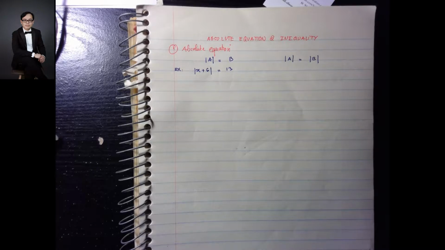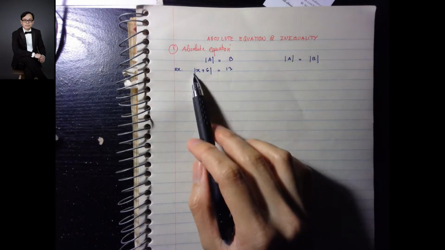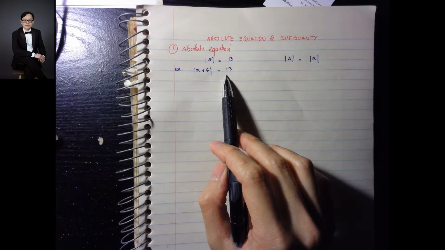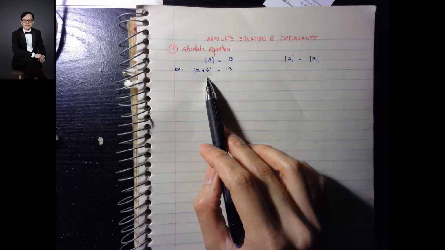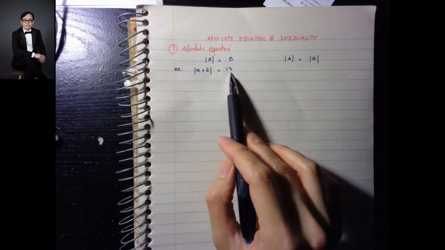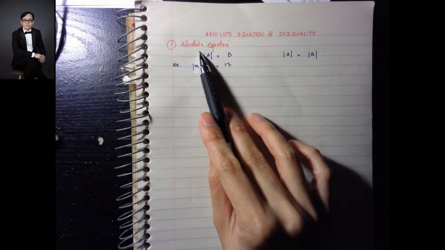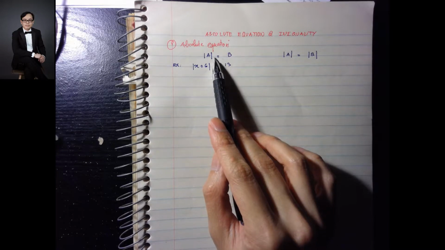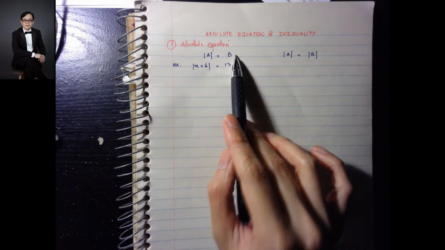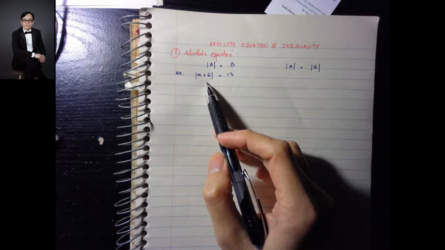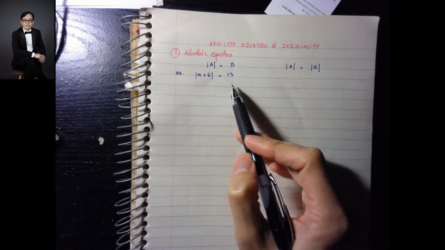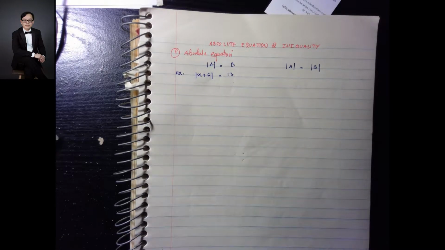This is an absolute equation, of course, because it contains absolute bar, and you can see right away that the equation here is in the form absolute of A equal B. In this case, A is x plus 6, B is 13. Because it's in this form, we can solve it easily.